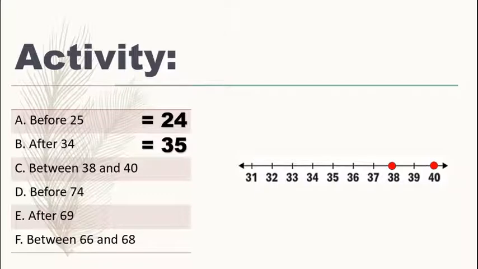When you say between, we are pertaining to the middle, so we will use a heart to identify the middle number between 38 and 40, and that is 39. So 39 lies between 38 and 40.